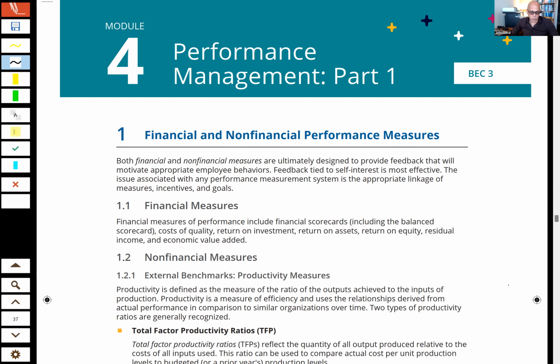We'll look at those in the next module, probably after the break here. There are financial measures, which we'll get into in the next module. But here we're looking at non-financial measures.